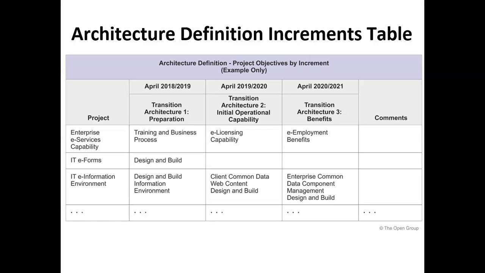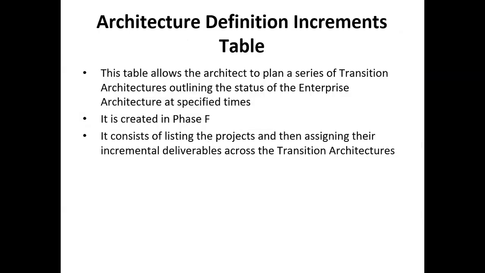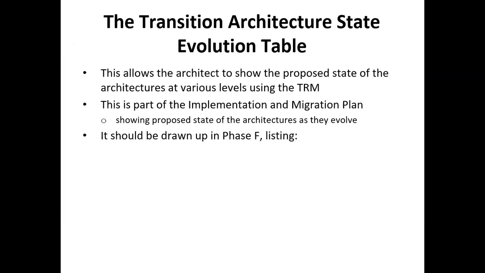So you can list all that out in phase F. Have a look at this. Transition, and the fourth one is basically a kind of handover to support all those things.